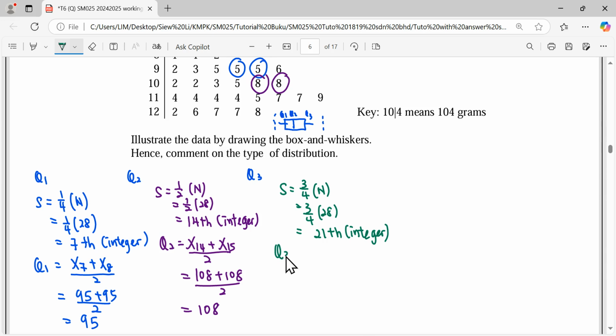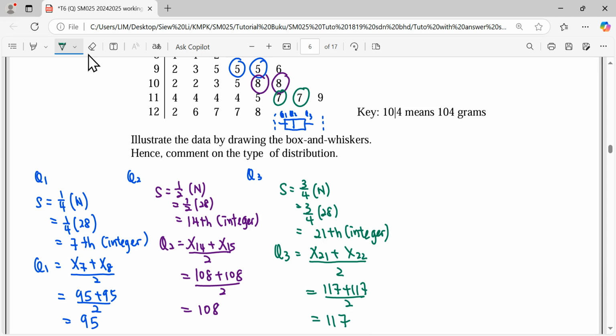Therefore, your third quarter is the data at position 21 with the next position divided by 2. So just now 14, 15, 16, 17, 18, 19, 20, 21, 22. Reading is 117 plus 117 divided by 2. So third quarter is 117.